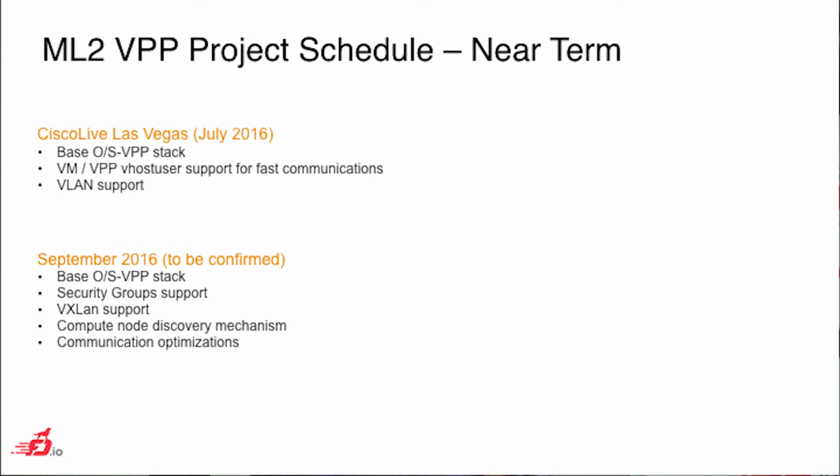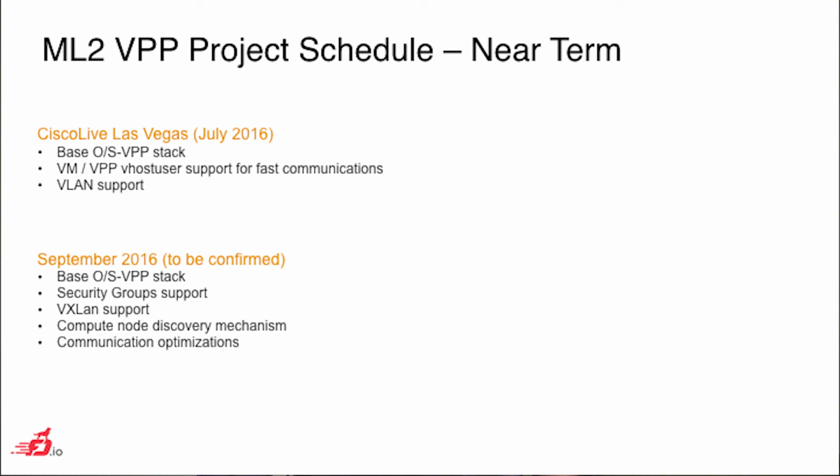This project will be showcased as well at Cisco Las Vegas in July. It will provide basic VLAN support, and that's it. No advanced things like VXLAN. That's really for NFV, so VXLAN is not very important for this first step, and it will only support vhostuser for fast communications.